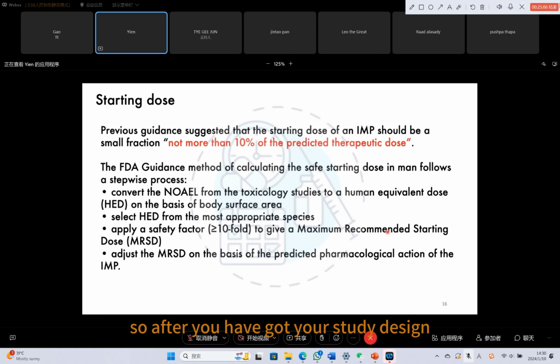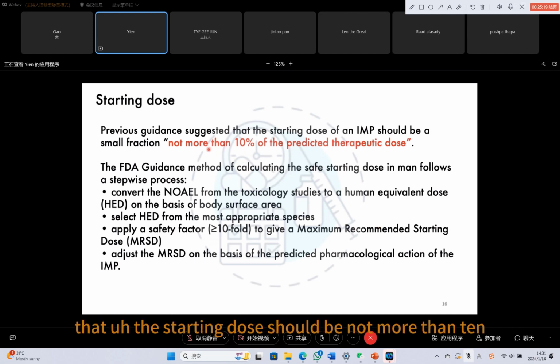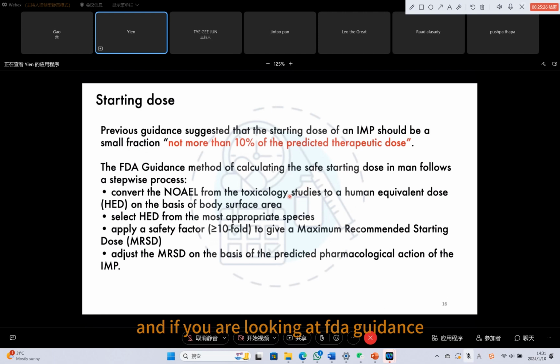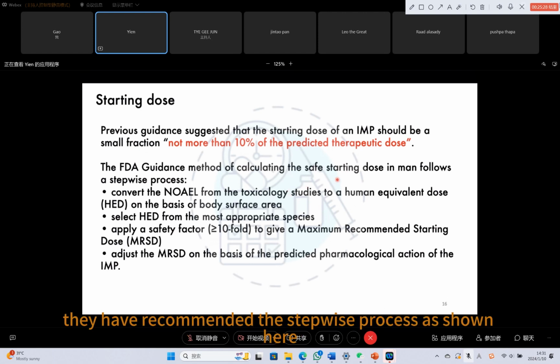After you have got your study design, you have to determine the starting dose for first in human, right? Because previously you were always testing on animals. So what is the starting dose in human? Previous guidance recommended that the starting dose should be not more than 10% of the predicted therapeutic dose. If you look at FDA guidance, they have recommended the stepwise process as shown here.